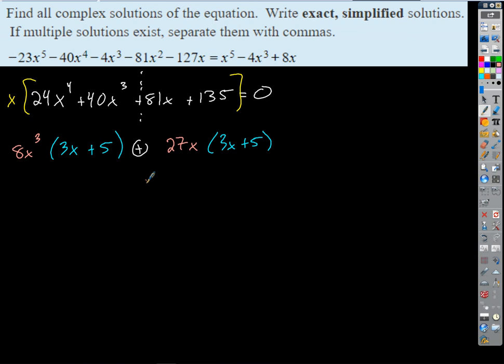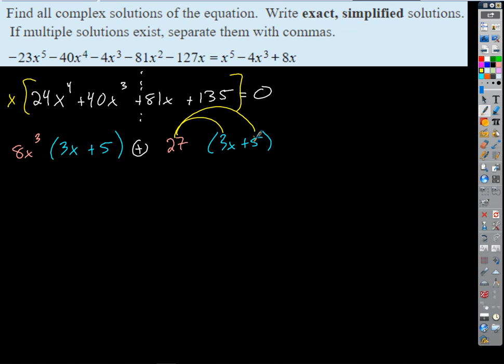And so over here, 3x times what is 81x? 27. And so now we'll just check to see if that works. So if I distribute the 27, I'm going to get 81x, and then 27 times 5 is 135. So it works, doesn't it?